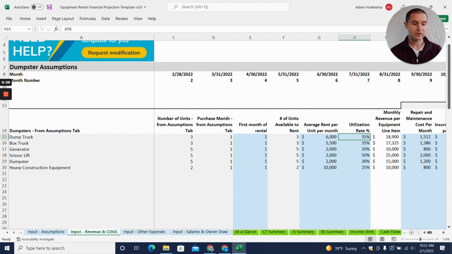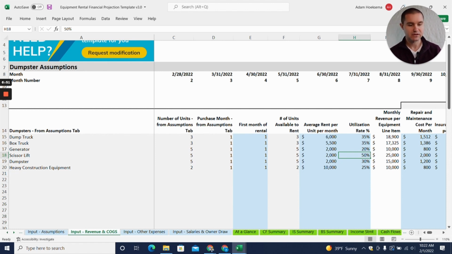And then here we have a utilization rate. So we're saying, okay, $6,000 per truck for the whole month, but we only have a 35% utilization rate. So it's not actually fully leased out all the time. Maybe the scissor lift is more popular, and it has a 50% utilization rate.